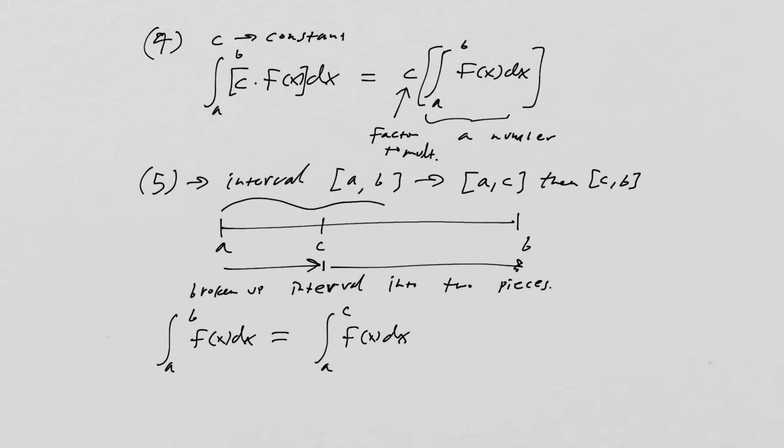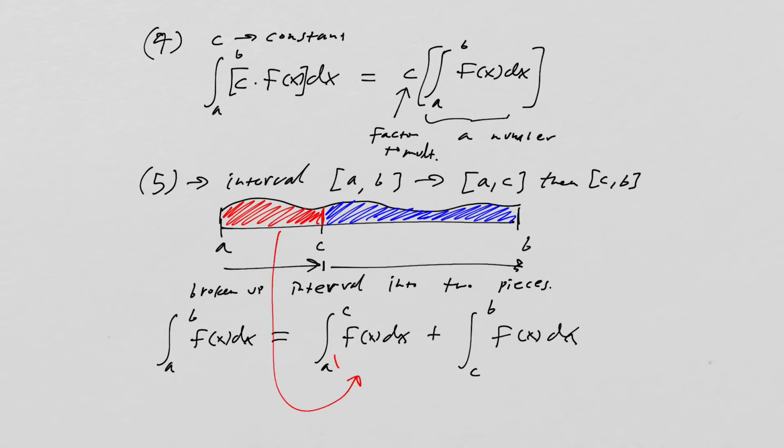So here, if I have some function over it, I can do this first integral and just go to there, stop, and then do another integral that basically resumes where the first integral left off, and I get the following: the integral from c to b of f of x dx. So those two integrals can be computed separately and then merged together to get the complete value.